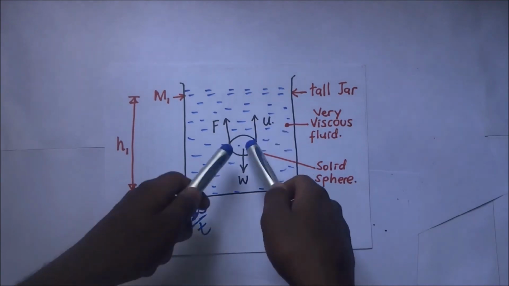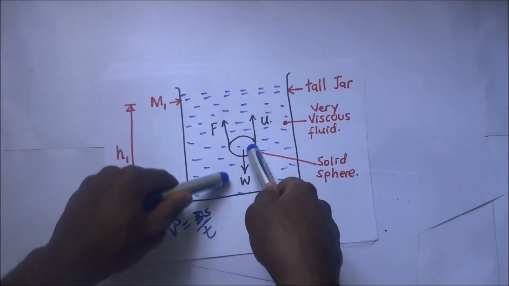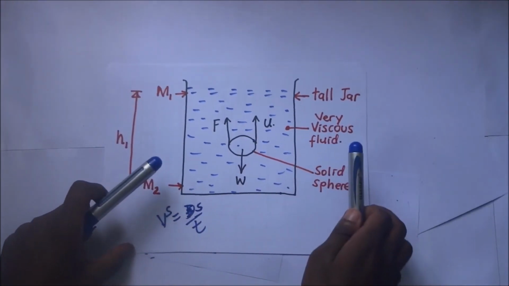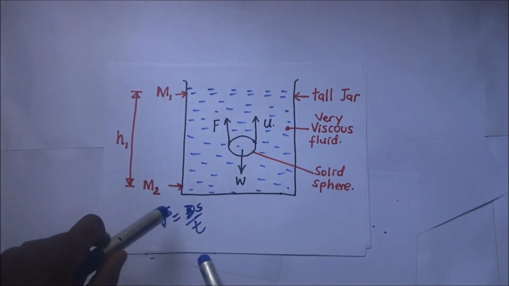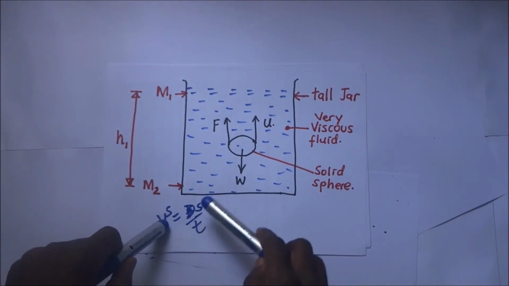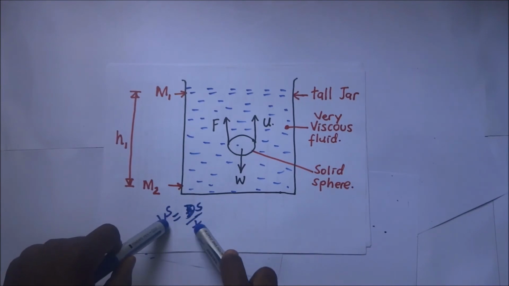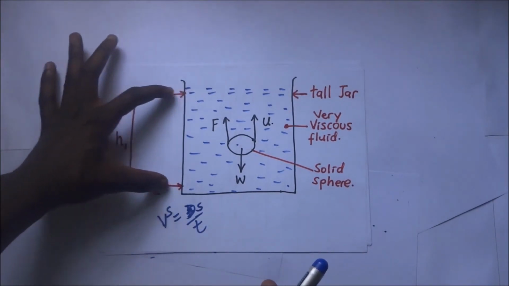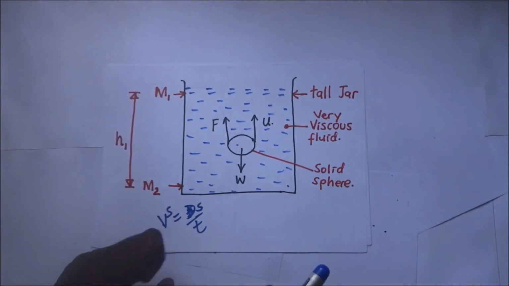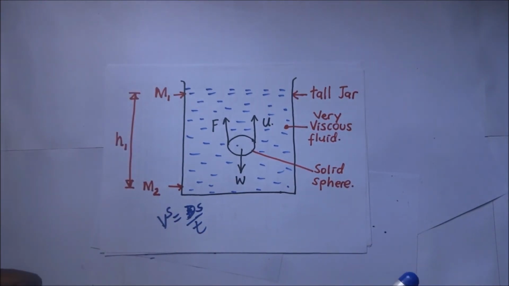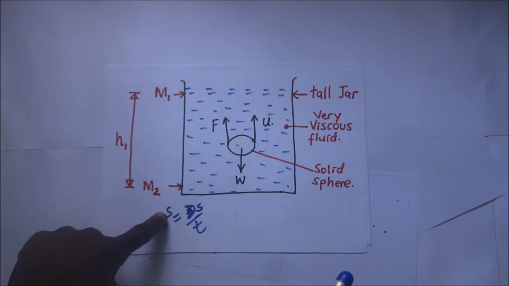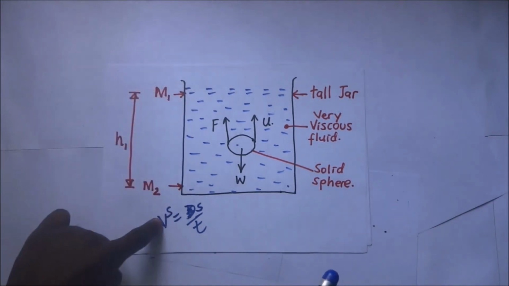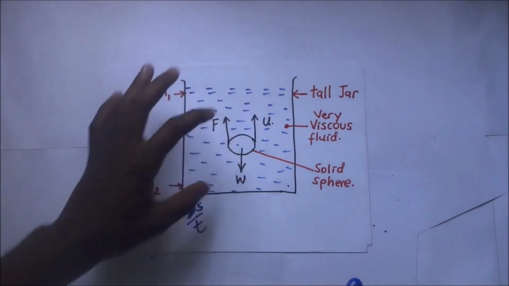We are looking at a ball that is falling through this fluid with no acceleration, at constant speed, and so that constant speed can be given by the distance divided by time. The distance in this case is H1, and the time is the time you got on the stop clock. So you go ahead and find the velocity, and that is the terminal velocity Vt.